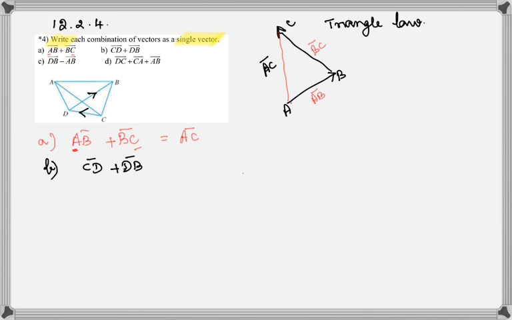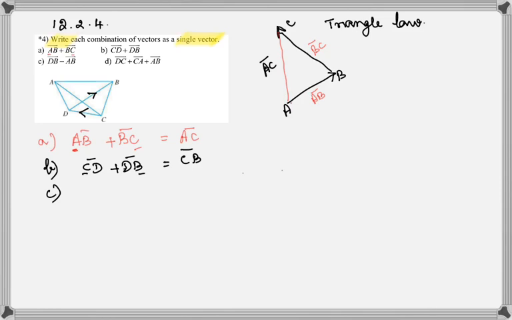If you notice, the second vector starts at the terminal point of the first vector, and therefore the sum of these two vectors is going to start from the initial point of the first, connecting to the terminal point of the second, which is nothing but vector CB. So remember, starting point, end point, CB.